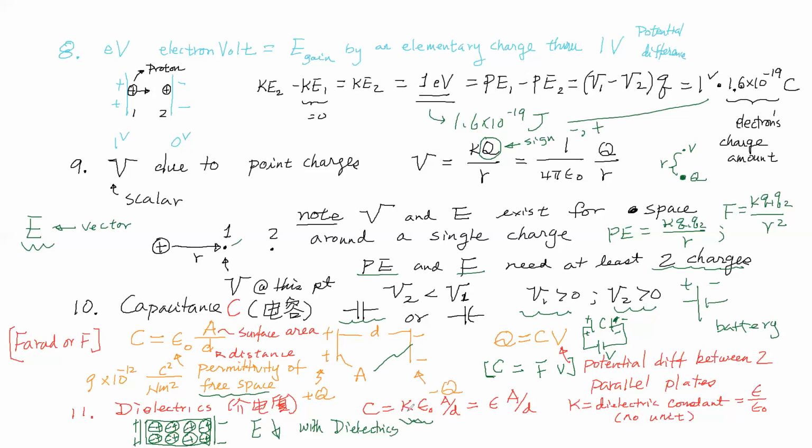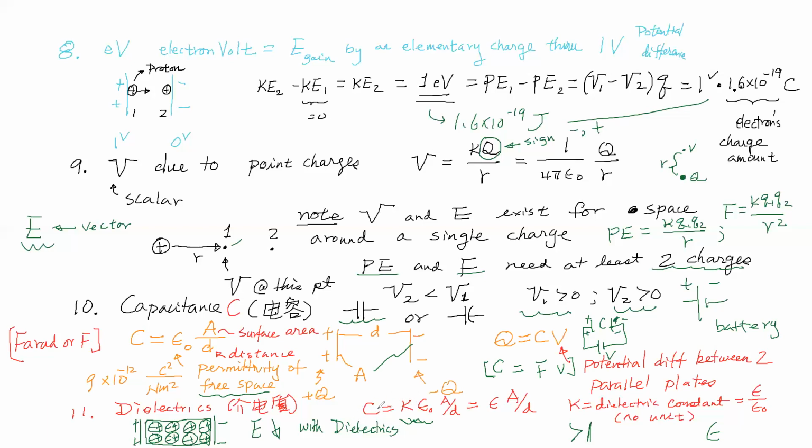This K is the dielectric constant, and K is equal to epsilon divided by epsilon 0. So it's a ratio, and epsilon will be larger than epsilon 0 for something that's not air. So this number is usually larger than 1. Okay. So now you can see the C will increase.